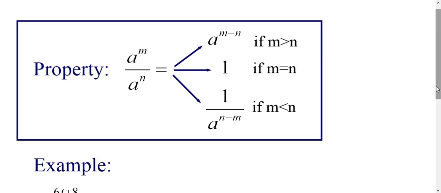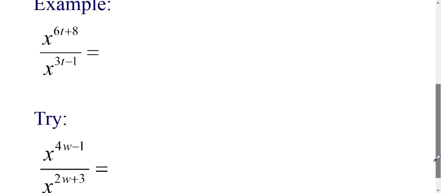Same property. Just going to step it up a notch. The bases are the same, x and x. So we subtract the exponents. In this case, it's a little bit tough to know which one's the bigger exponent because they're expressions, they're binomials.